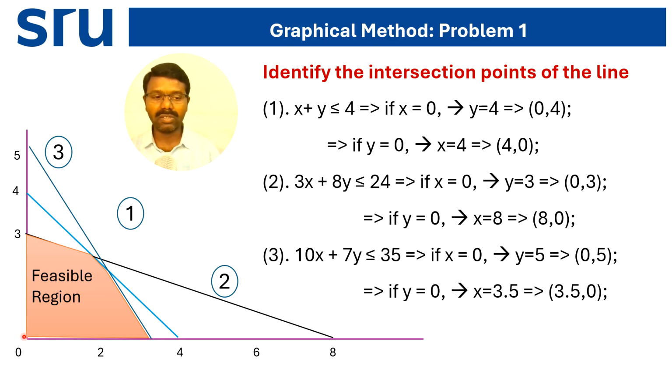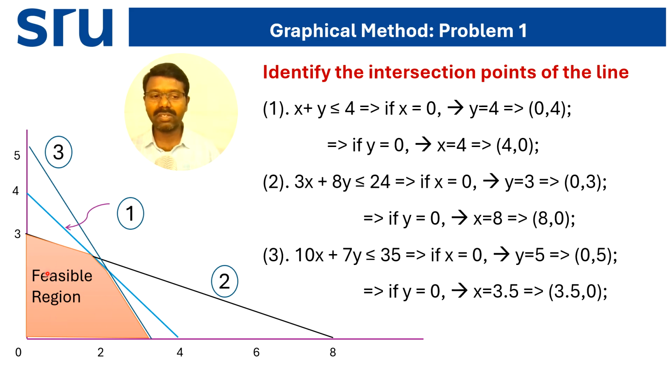As a first step, we identified the intersection points of the lines on the quadrants, and then we identified the feasible region which is covered by all the equations.